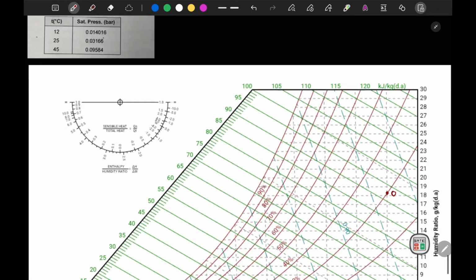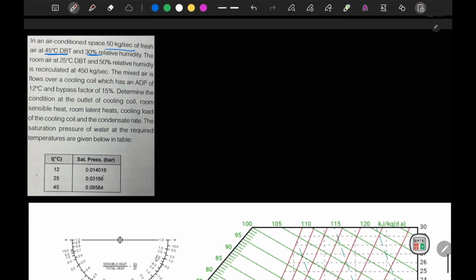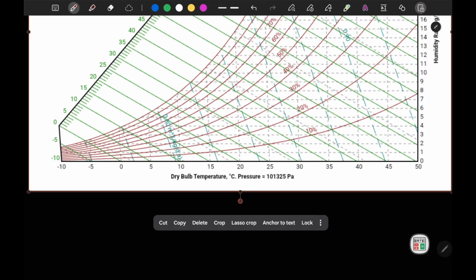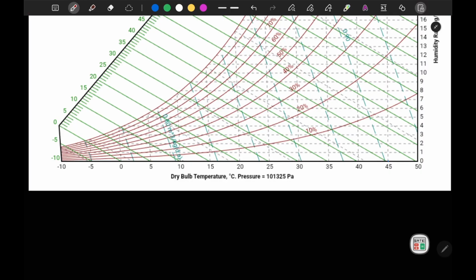Now my inside condition is mentioned at 25 degrees DBT and 50% relative humidity. So this should be the 50% line, and this should be 25 degrees Celsius. This should be our inside point.